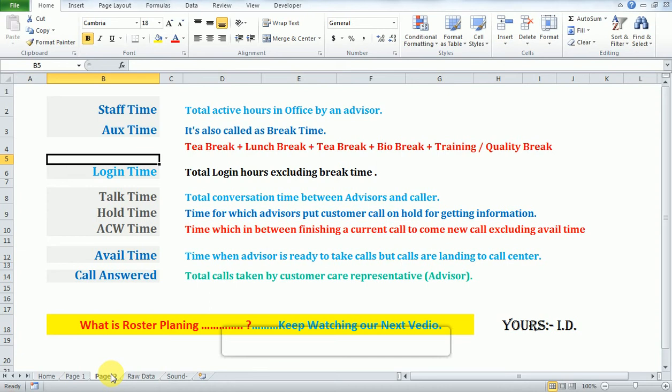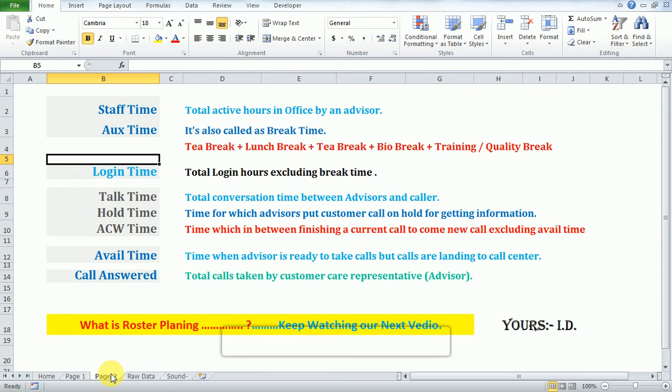In this part I would like to tell you about that. So friends, I start with staff time. What is staff time? Staff time means total active hours in office by an advisor. Advisor means customer care executive. It is how much time he spends in office including his break time. That is staff time.